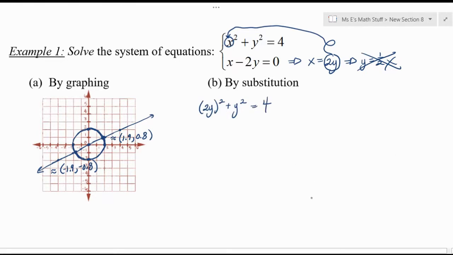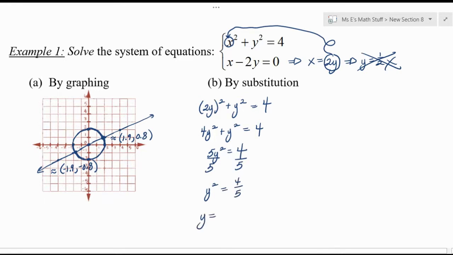Squaring that out, we'd be left with 4y squared plus y squared equals 4. Adding that together, you've got 5y squared equals 4. Notice we only have one variable term here, so we don't really need the zero product property. We can just go ahead and chip away at it.